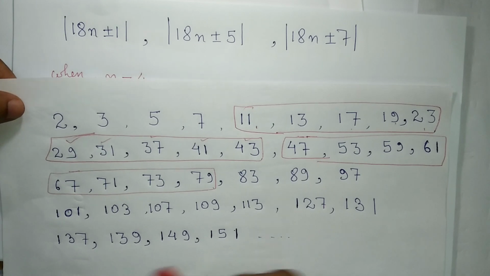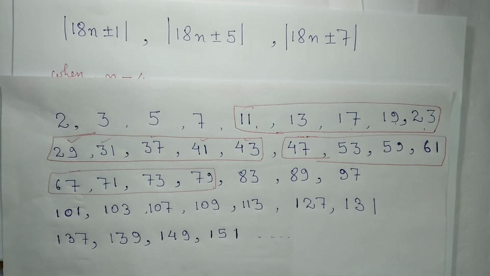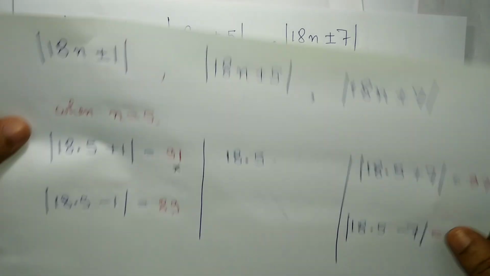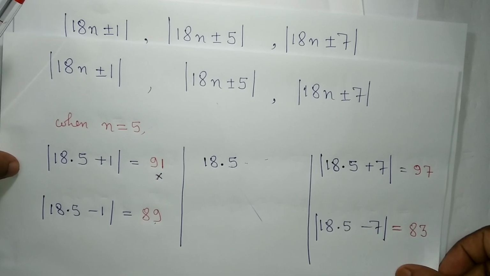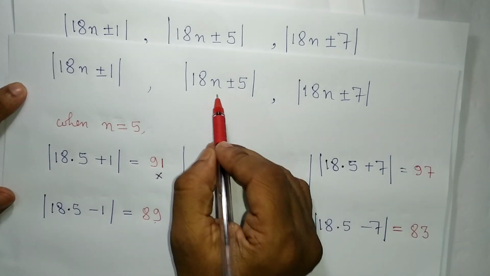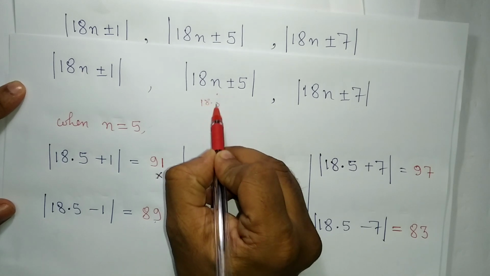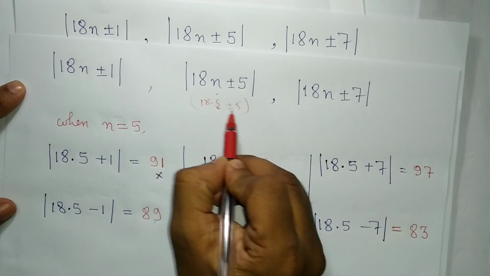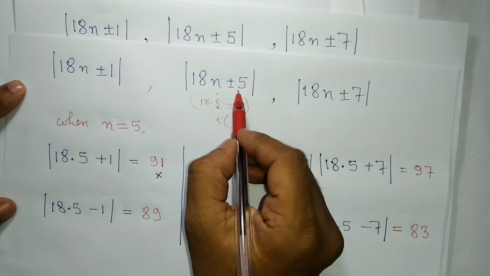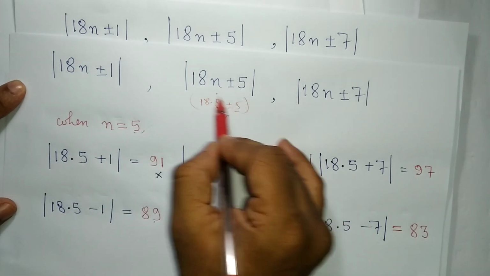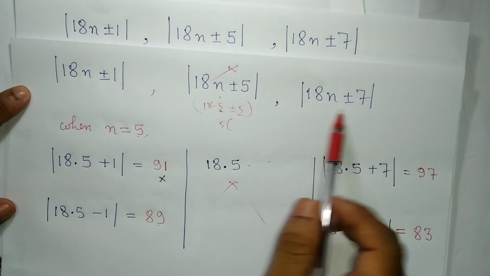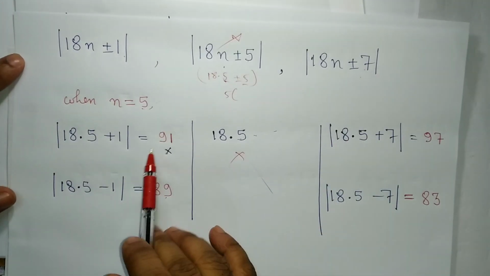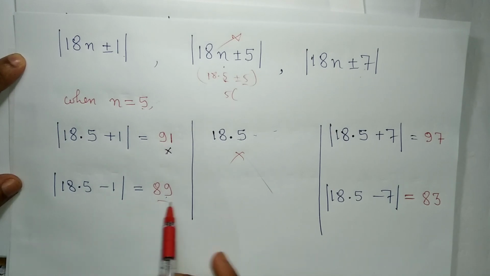Clear? Now next step, when n equals 5. When we put n equals 5, here 18 into 5 plus minus 5, there is a common factor 5. Therefore, for n equal to 5, it is not taken here. Only 1 and 7 are taken. It is seen that there are only 4 outcomes.